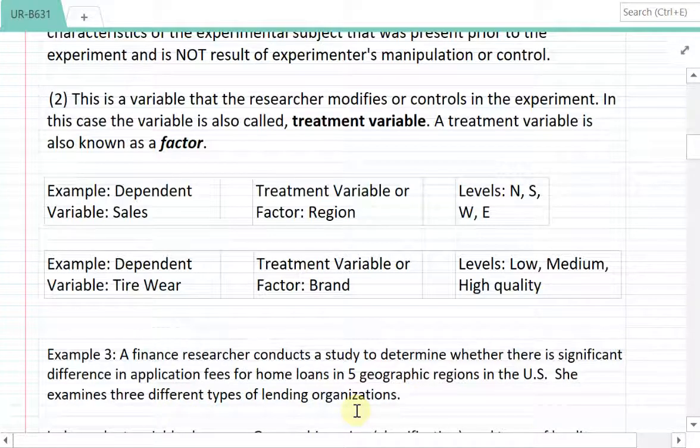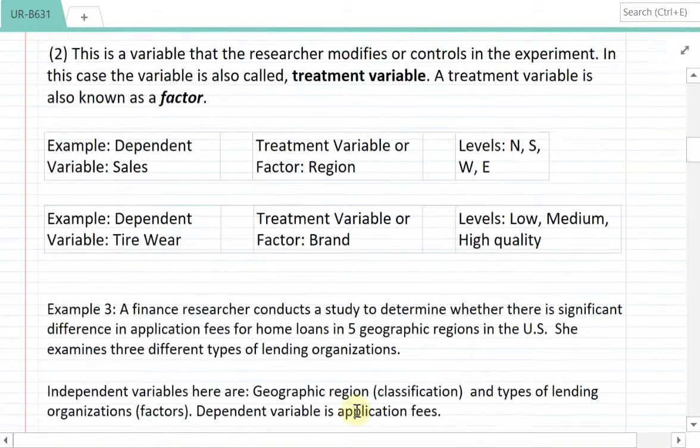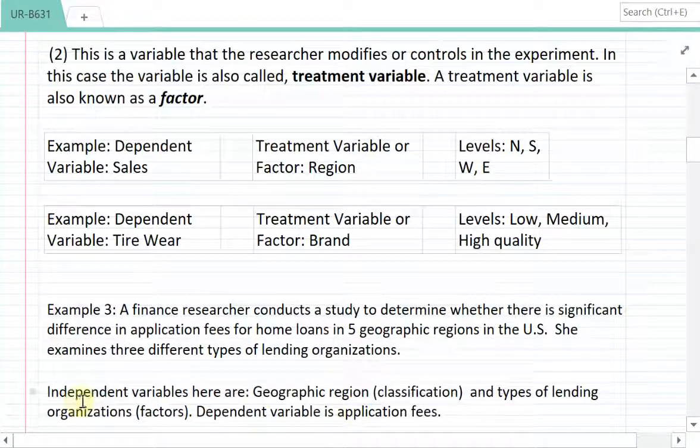So what are, let's say, the independent variables in this case? There you have it. Our independent variables here are geographic region, which is classification, right? And type of lending organization, that would be our factor, right? Those are again the types of lending organizations.